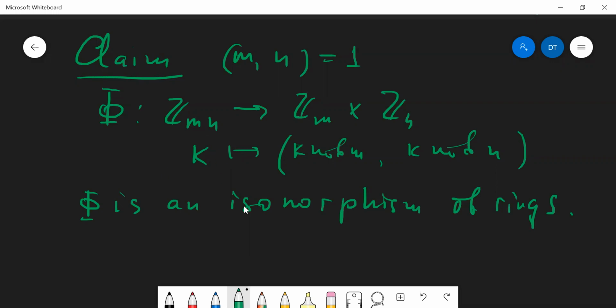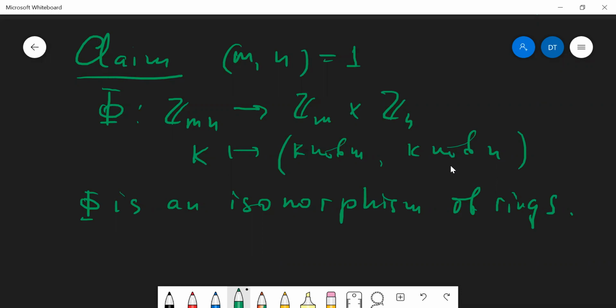Well, we already know that this map is a bijection and it preserves the addition. And actually, when we proved the version of this result for groups, we checked that the map phi preserves the multiplication. So the only thing that we need to check now is that phi preserves the identity element, but if we take k to be 1, it goes to (1, 1), which is what we need for the third property.